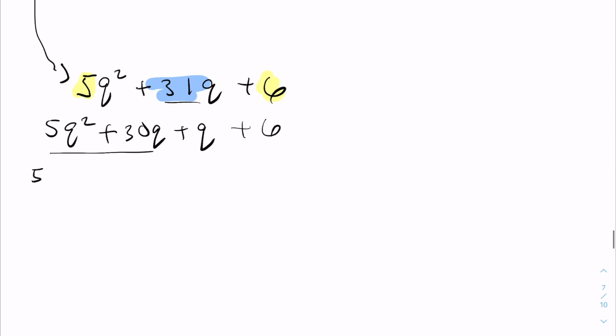Technology is amazing, but it always makes me mad. 5q squared, and I've got to remember what I'm doing. Factor out the greatest common factor with just that binomial, and that is 5q.